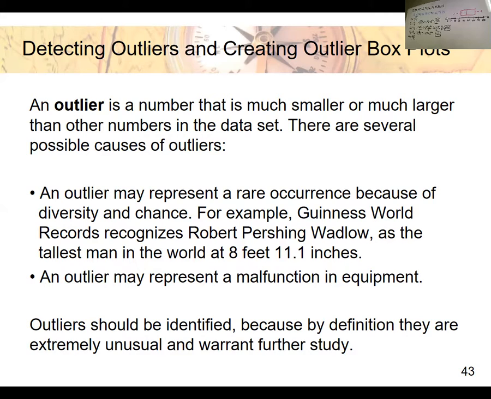An outlier should be identified because, by definition, they are extremely unusual and do warrant further study. And later on, we're going to be talking about usual and unusual. I think we already talked about this before, usual and unusual, when we were dealing with mean absolute deviation.